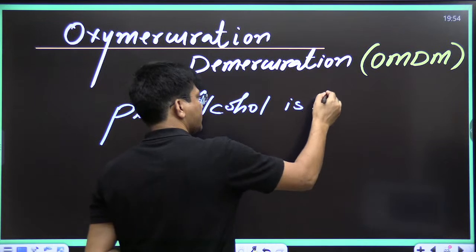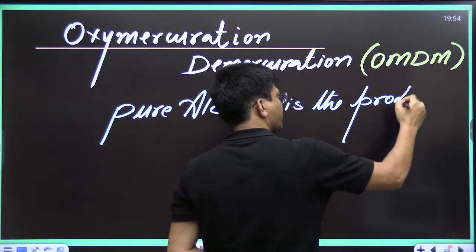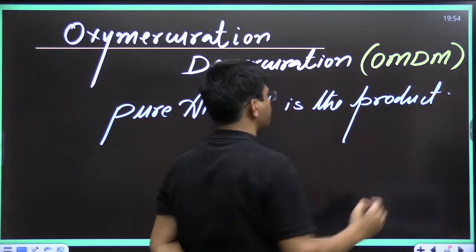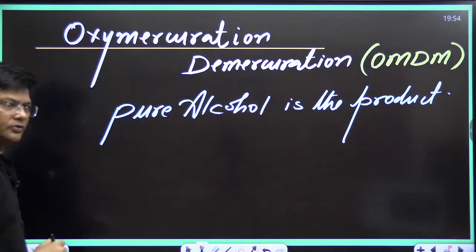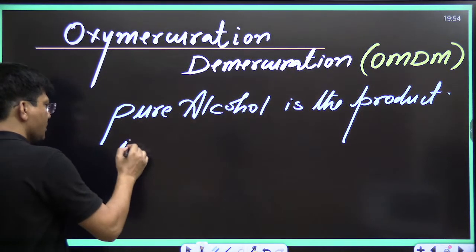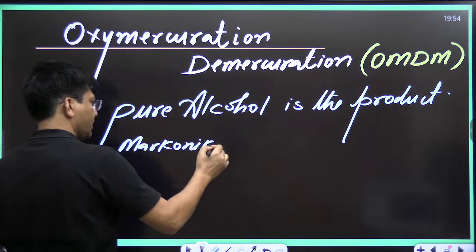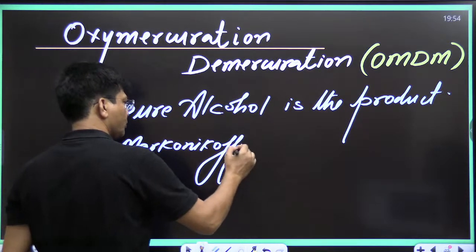So let's see what is going to happen, that we are going to get a pure product. No mixture is there. Second thing, Markovnikov's rule is followed. Now let's see why Markovnikov's rule will always be followed.